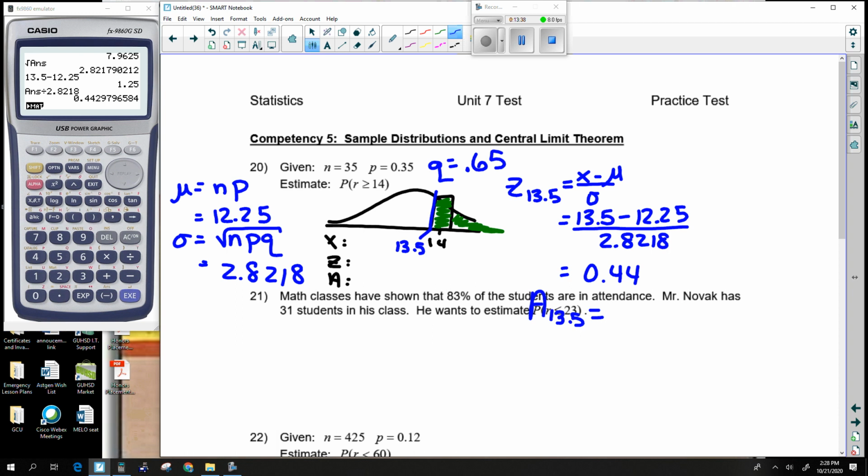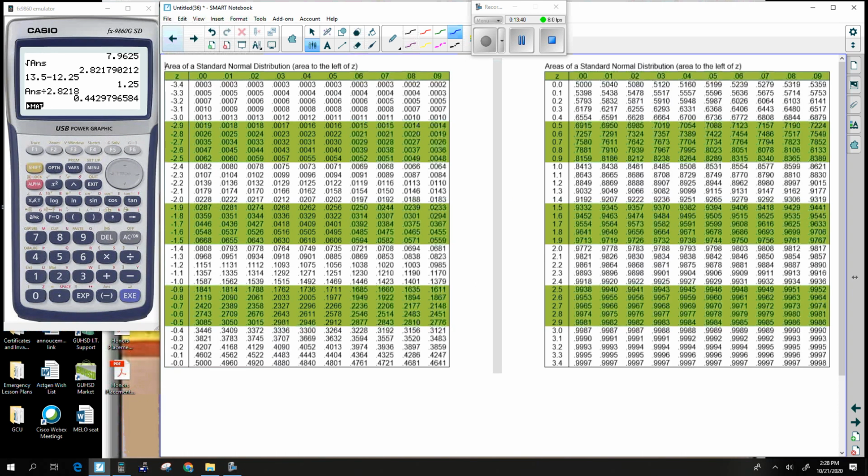So I'm looking up 0.44. So 0.44 is 0.67 on the nose.